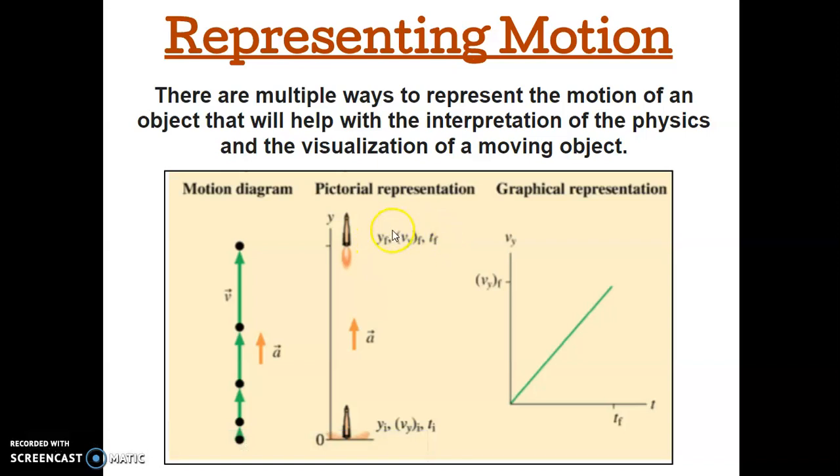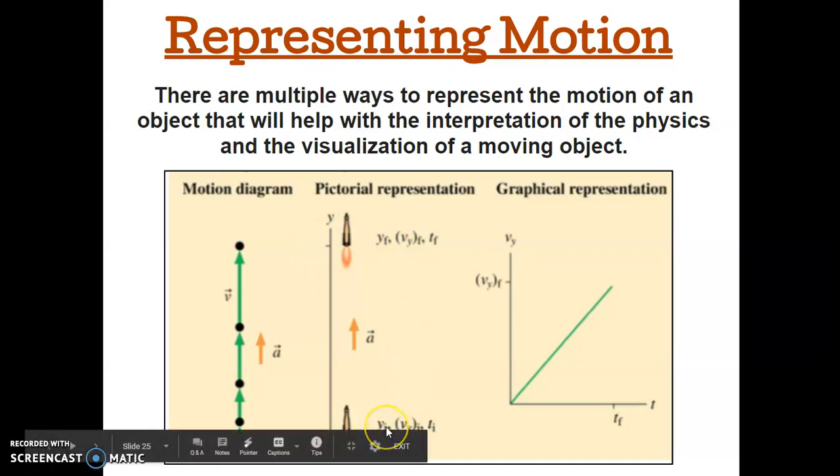A lot of times, just learning the symbols is really helpful. So x and y usually specify position. So here we're specifying y, the position in the y direction. The subscript f would mean final position. i would be initial position. So we're saying that this rocket started here.